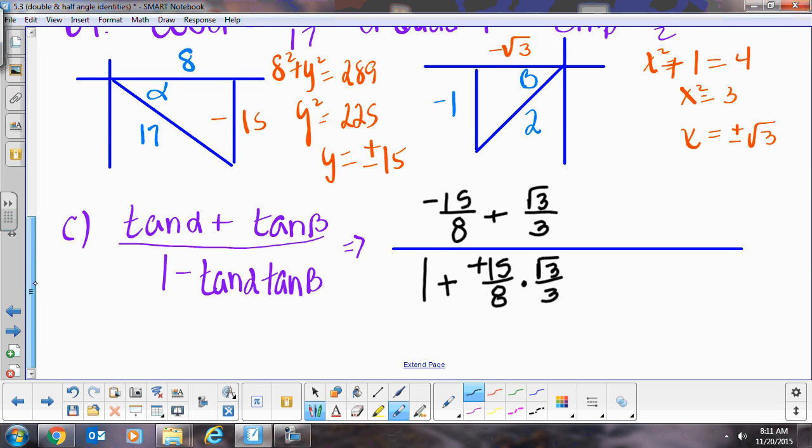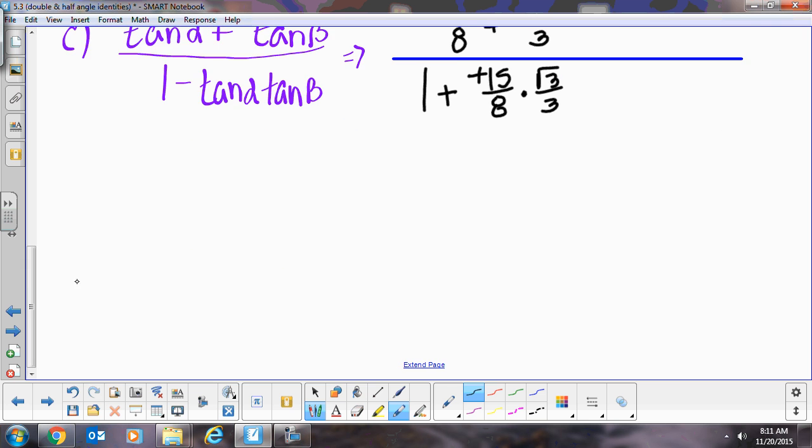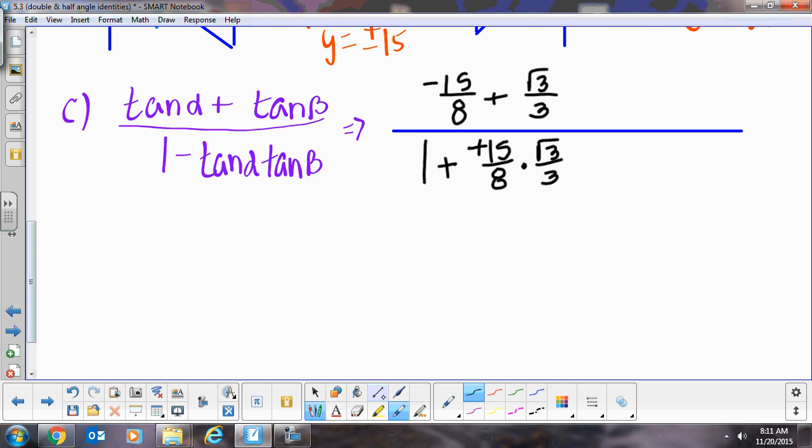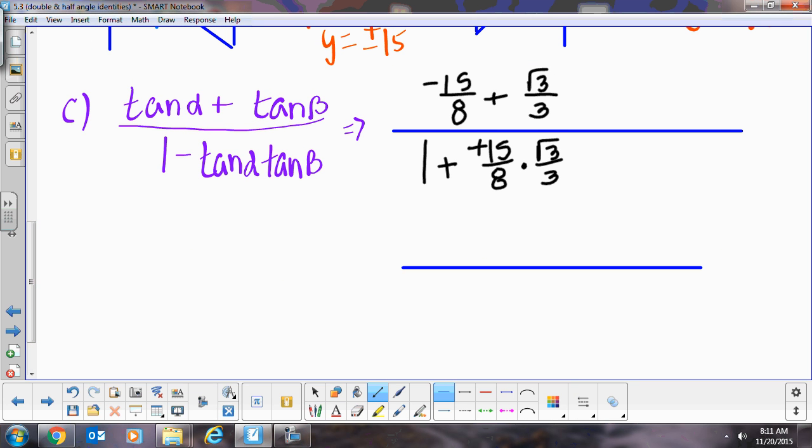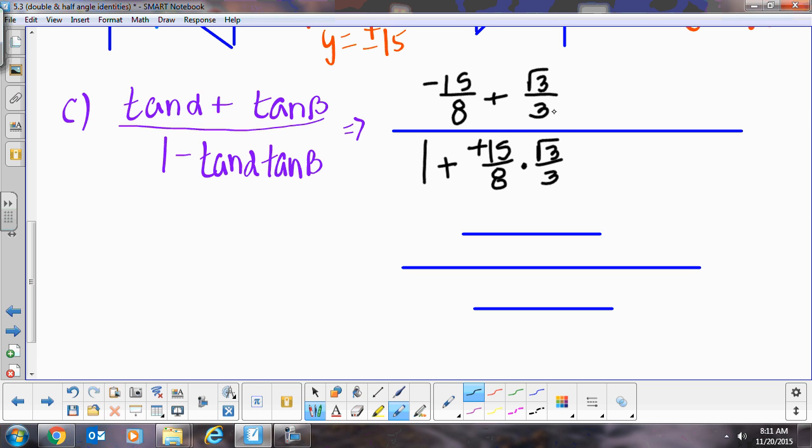So, Mac, what do you need in the numerator? What do you need? Common. That's in the denominator. You need a common denominator in the numerator, too. What's your common denominator in the numerator? What did you multiply 8 by?